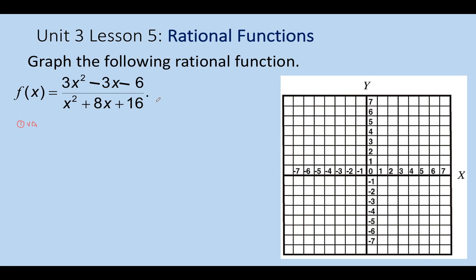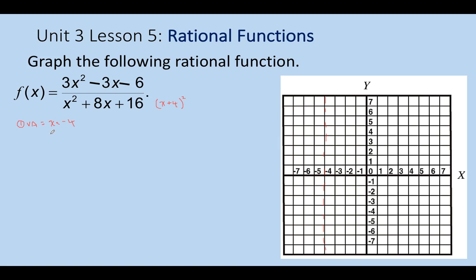If I factor this one, it winds up being a special case. This is x plus 4 squared. And so my vertical asymptote is going to be x equals -4. That means I got my vertical asymptote right here.